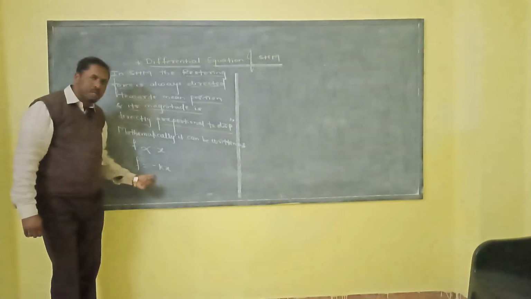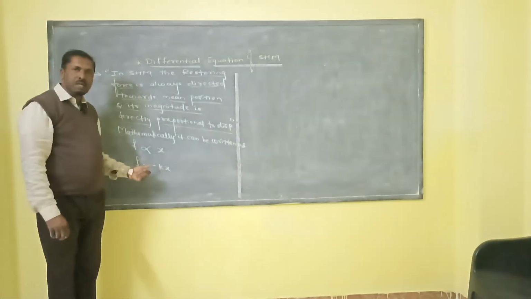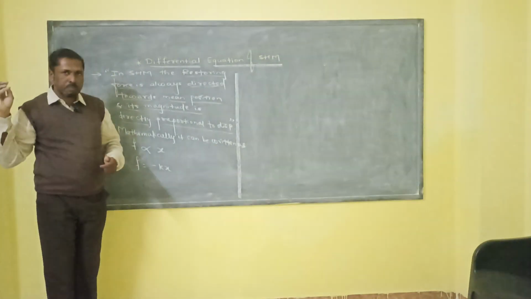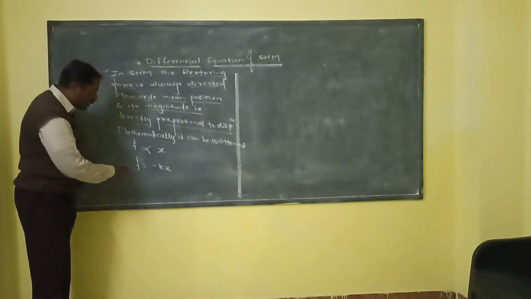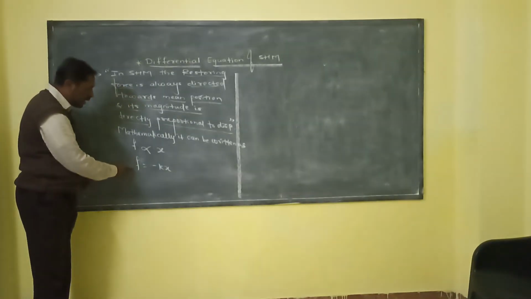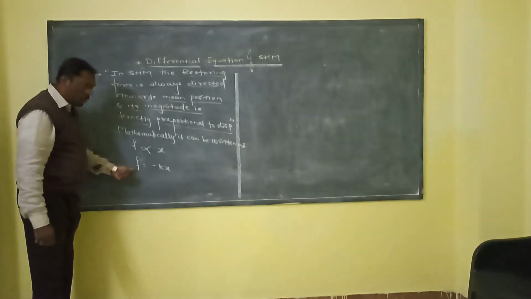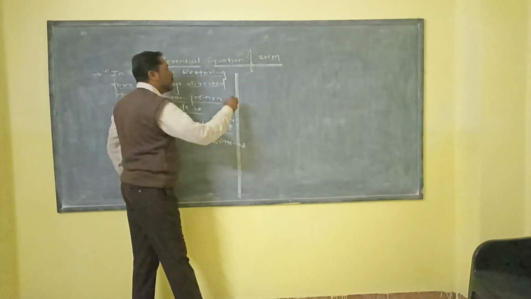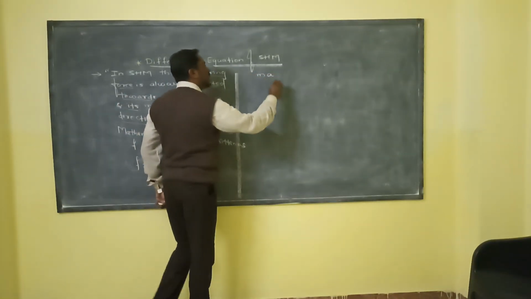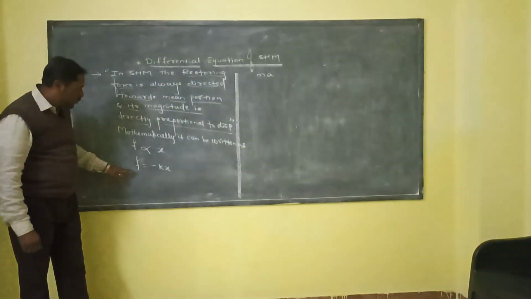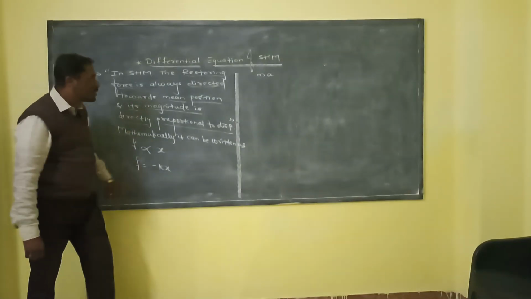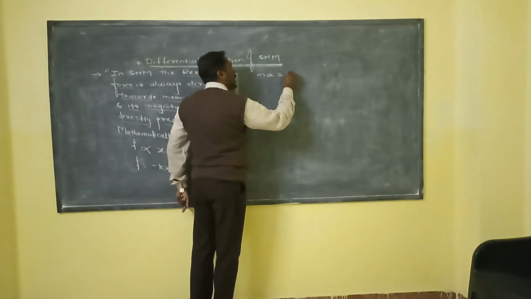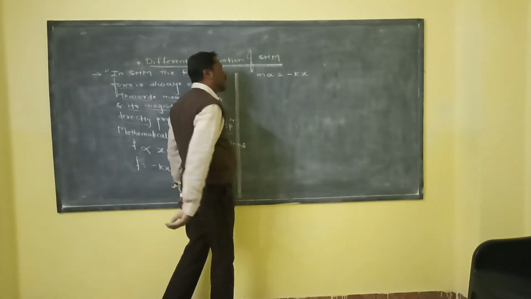The negative sign indicates that the force is acting in the opposite direction. K is the constant of proportionality, and F is the force, which is defined as mass into acceleration. So ma is equal to minus kx.